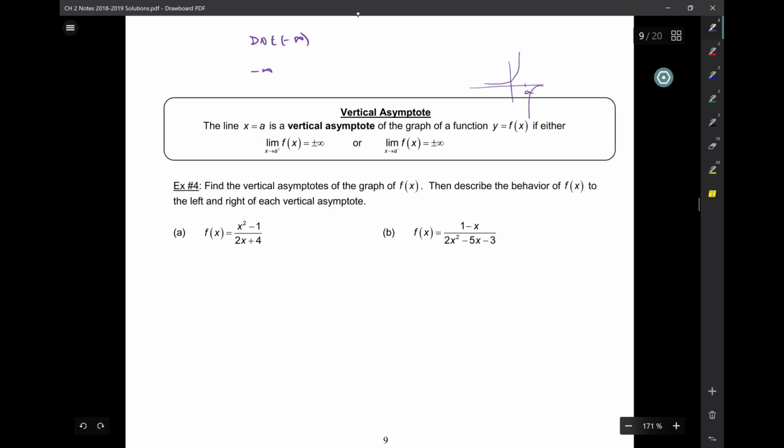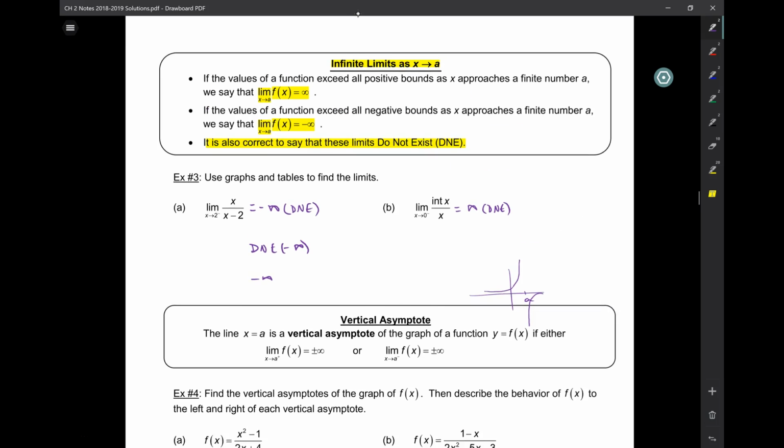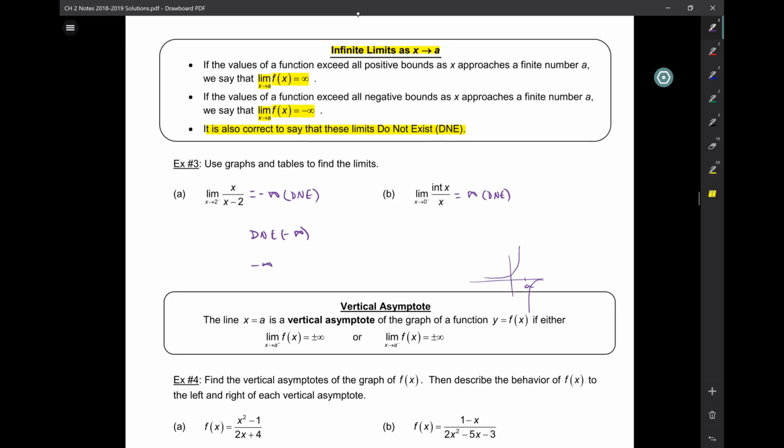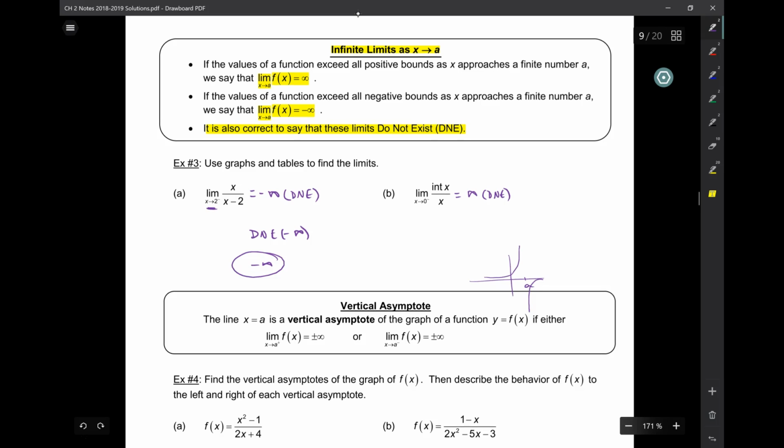That's where you have a vertical asymptote. So do either of these functions have a vertical asymptote? Yeah. Both have a vertical asymptote, because as x approaches a number, the limit is infinity, and it doesn't matter whether it's a one-sided or a two-sided limit.